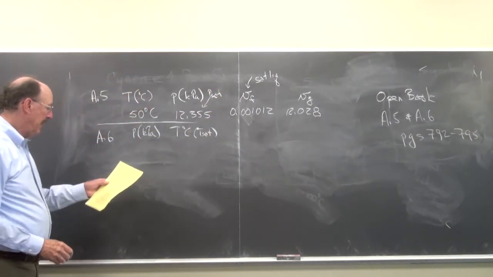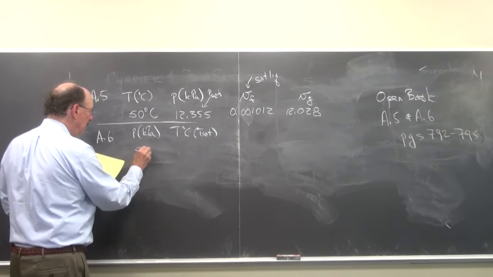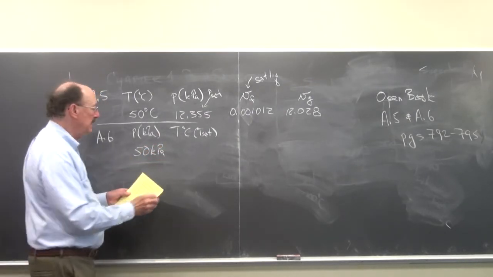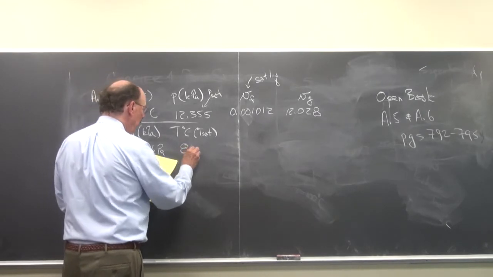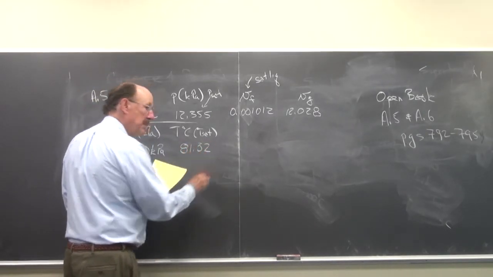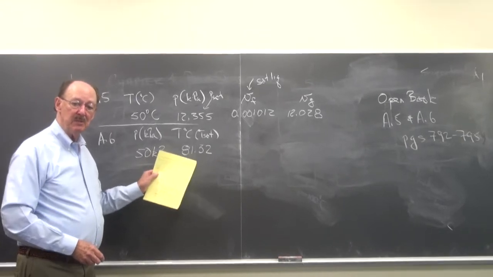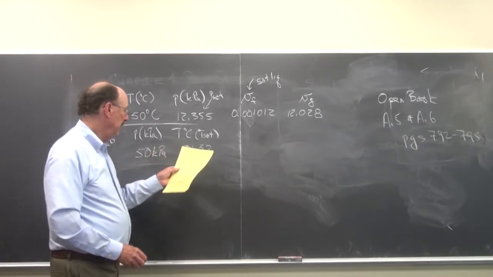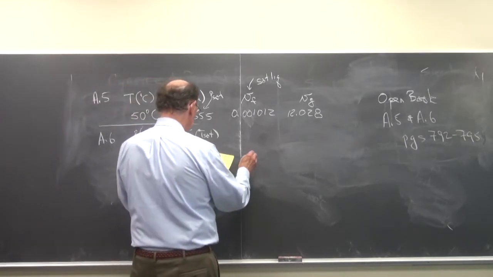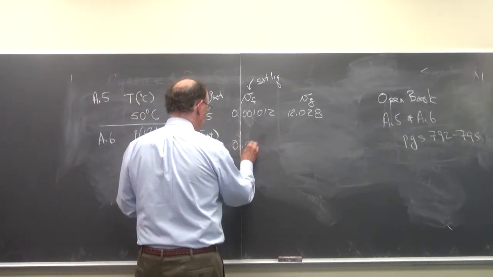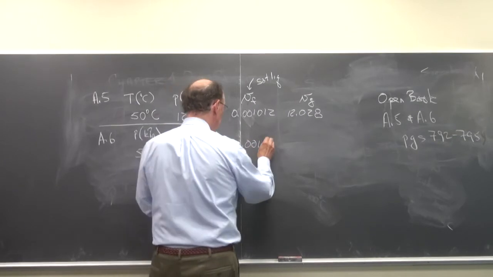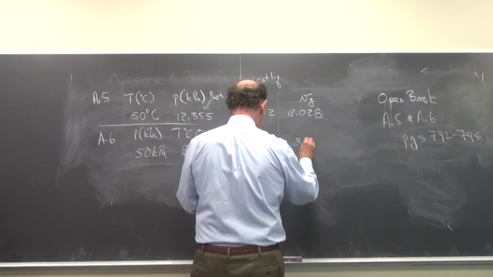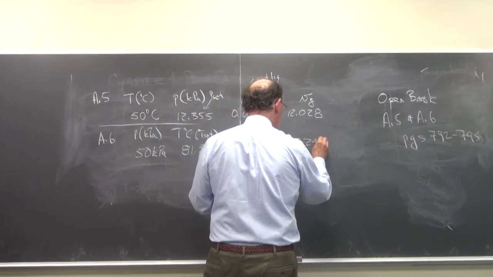So here, if I look at 50 kPa, I see that T sat is 81.32. So this is the boiling temperature of the water. And I have that v sub f is 0.001029. And v sub g is 3.2408.